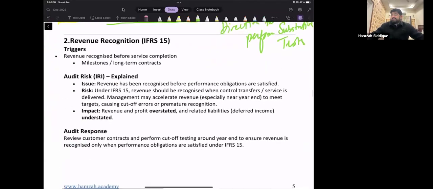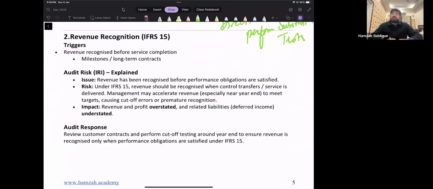Now, the next point is another example. Revenue recognition is repeatedly tested in your exam. The company has made a contract. Sometimes they have sold a product and they are offering warranty. Or they are offering some service for 1 full year and they receive money in advance. So what is the risk?